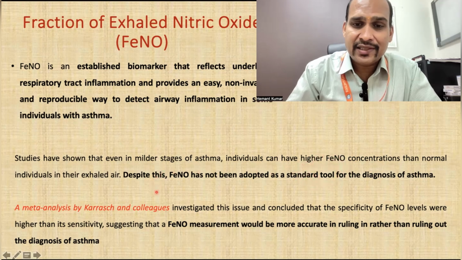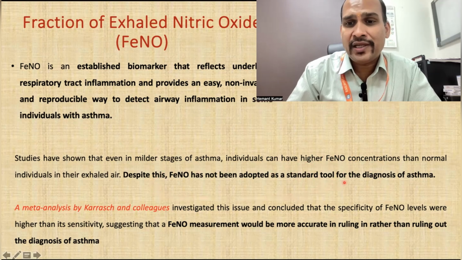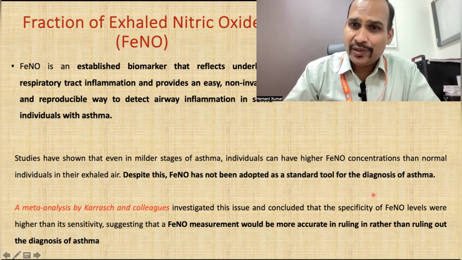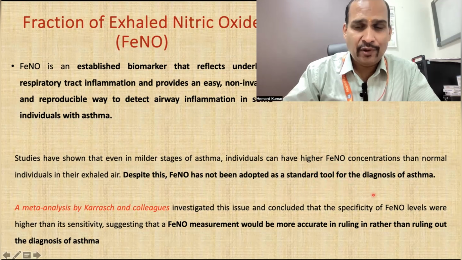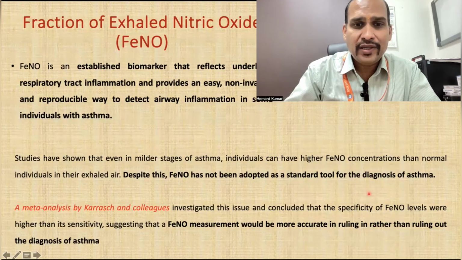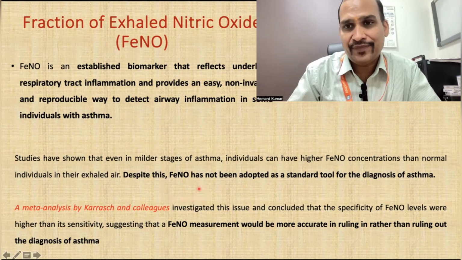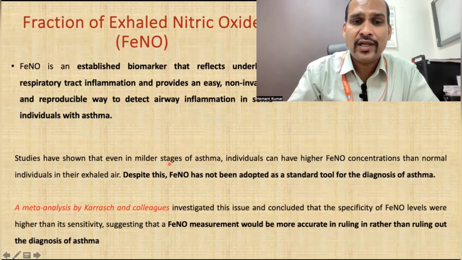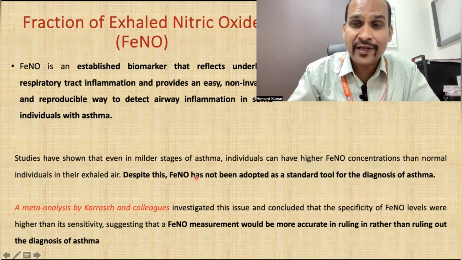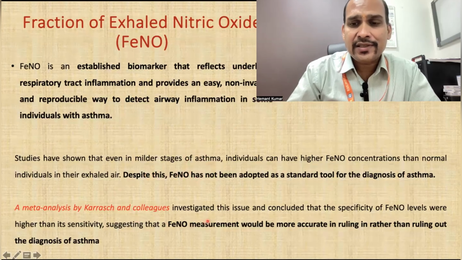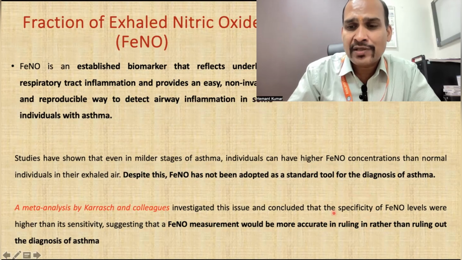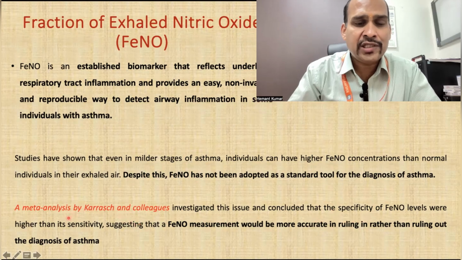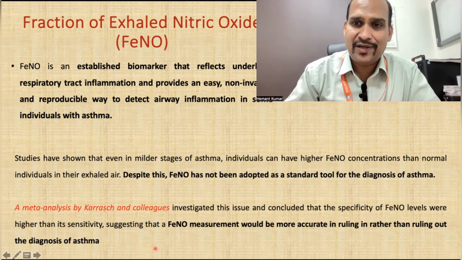But despite this, it is not being adopted as a standard tool for diagnosis of asthma. You must have heard of spirometry and other tests, but FeNO is rarely used for asthma, despite being useful for mild asthma also. Why? In a meta-analysis, they concluded that it has high specificity but low sensitivity in the diagnosis of asthma.